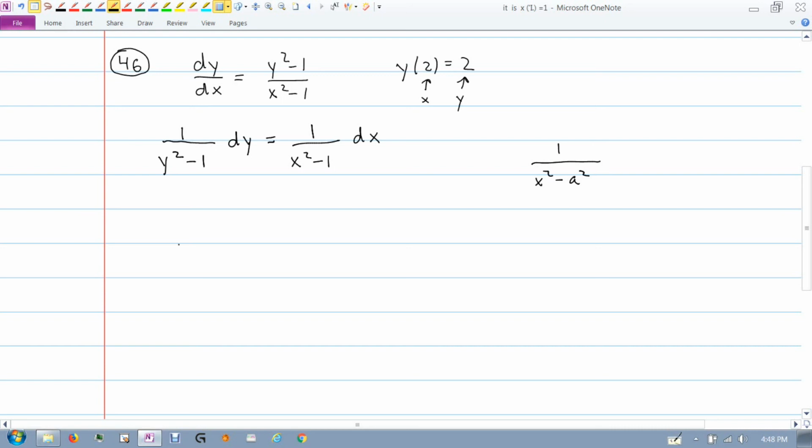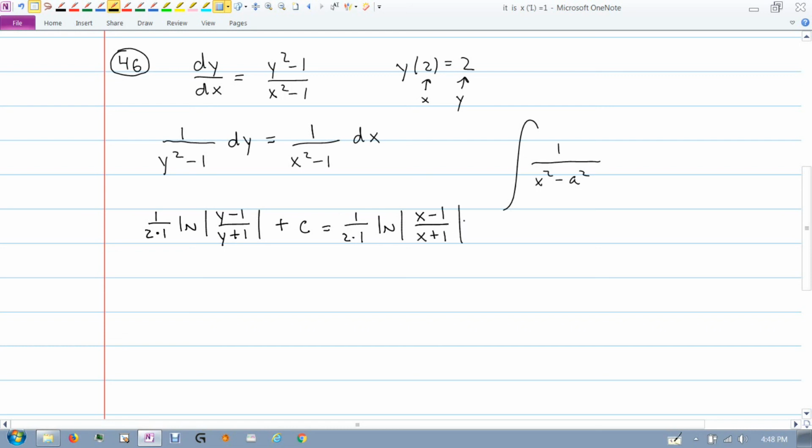So for both of these integrals, we have a as 1, and then resorting to the formula, the integral of this is going to be 1 over 2 times a natural log of the variable, which in this case is y, minus a over y plus a, then plus some constant, and then equals, we're going to have the same thing on the other side, 1 over 2 times a natural log of the variable x minus a over x plus a.